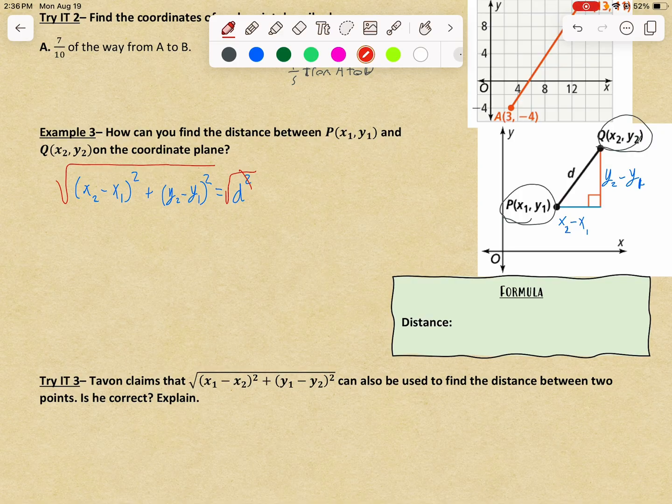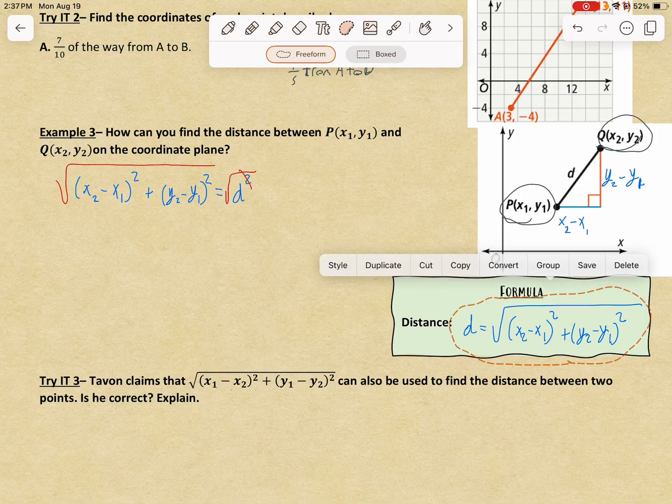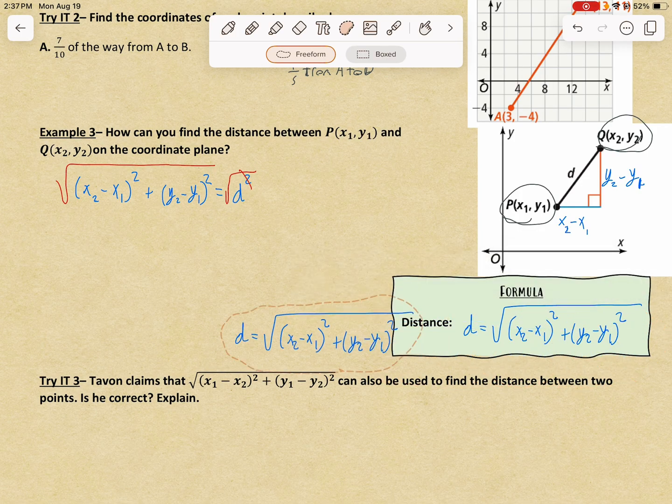So it'll cancel out, and I end up with this result: d is equal to the square root of x2 minus x1 squared plus y2 minus y1 squared. There we go. That is our distance formula. Take a moment to look at it, make sure you understand the ideas here, that it's really just the Pythagorean theorem, and then make a copy of it and put it right over there.